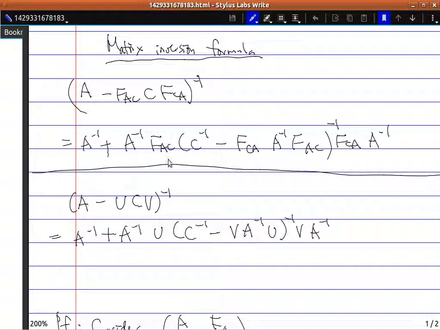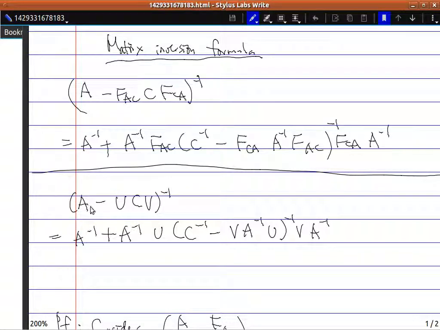For example, in the extreme case, if this additional matrix is just rank 1, it can be decomposed as u multiplied by c times v, where this c is just a scalar.